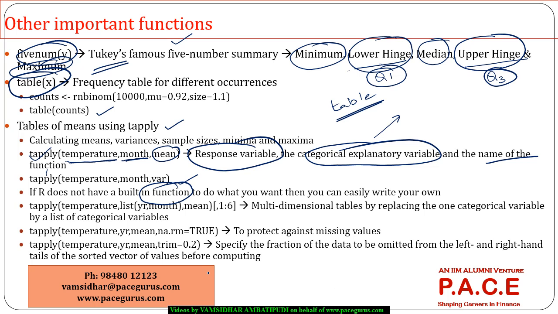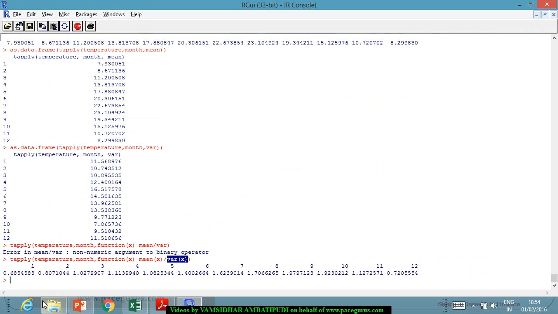Now, if I want to get, let's say, year-wise, month-wise averages, not just month-wise averages, in that case what I'll do is I'll say T-apply, again the temperature, but because I want it in 2 dimensions, I'll mention it as a list.